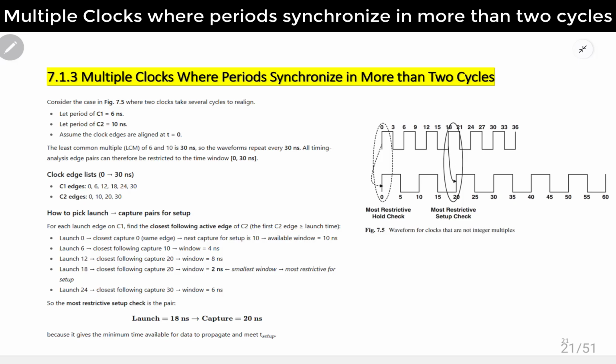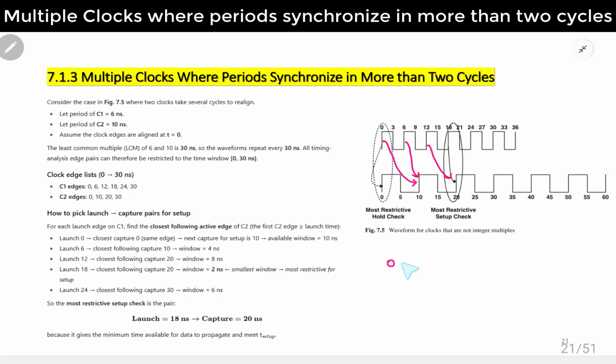Now among this we need to see at which point we need to calculate setup. Launching at 0 and capturing at 10 is one case. If not, you can go for launching at 6, capturing at 10. So 0 to 10 is one case, 6 to 10 is another case, 12 to 20 is another case.